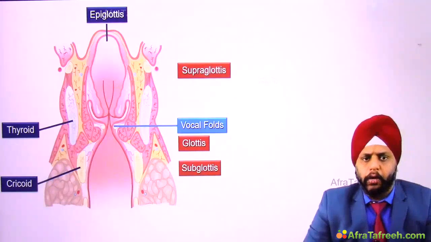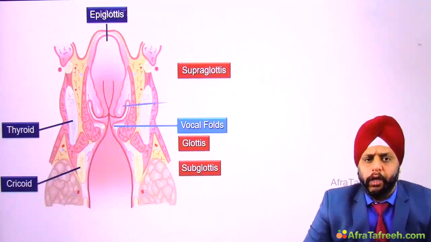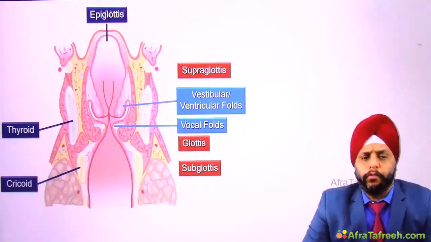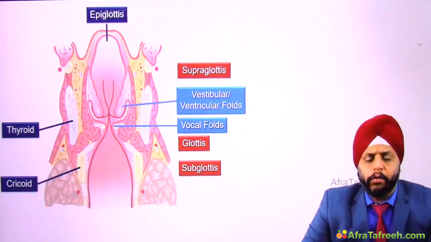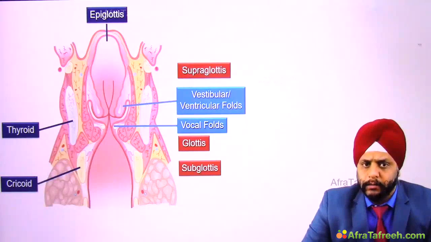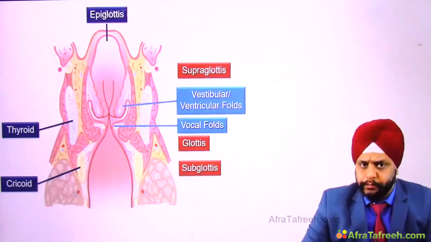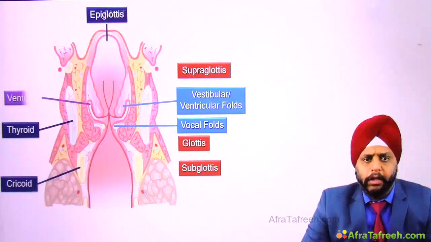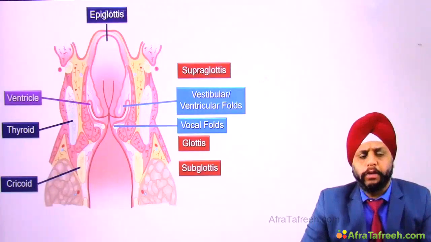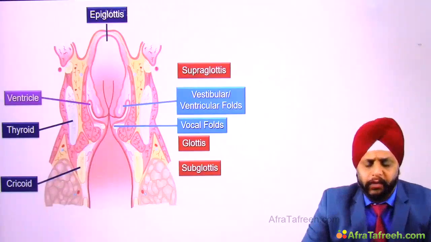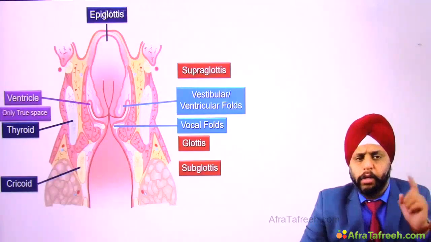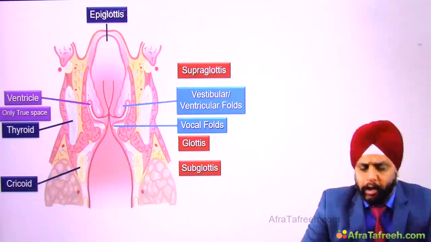Now, what next do we have? Above the vocal folds, we have the vestibular or ventricular folds. Remember, they were earlier known as false vocal cords, but that's a wrong name. These vestibular or ventricular folds enclose a space known as ventricle, which is the only true space of larynx.